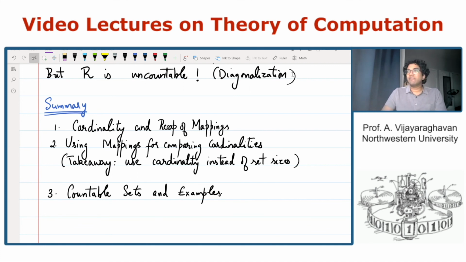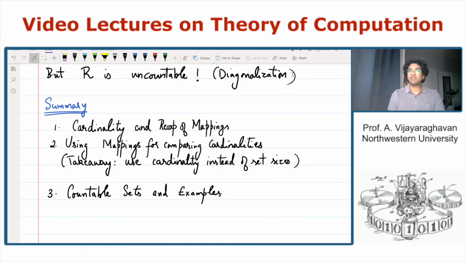The main takeaway is that you can use cardinality instead of set size to do these kinds of comparisons. And for many of these comparisons, the same rules that apply for set sizes also apply for cardinalities. Finally, we saw what countable sets were, and we saw some examples.